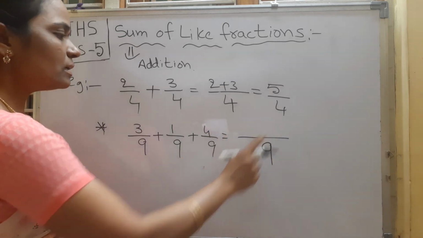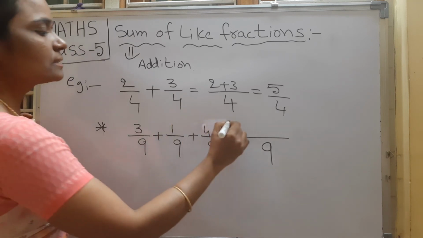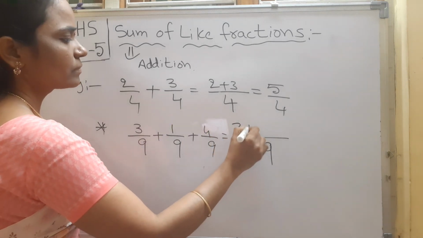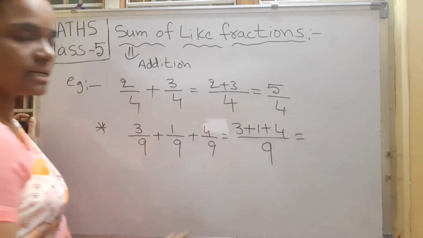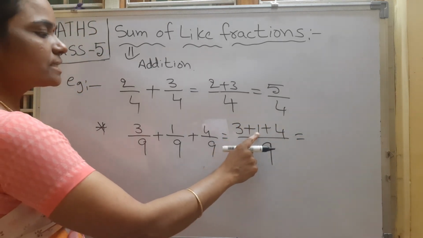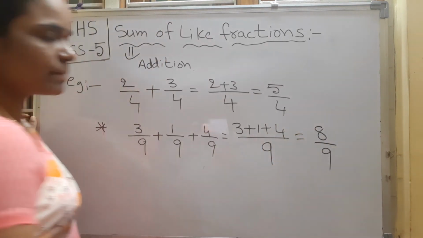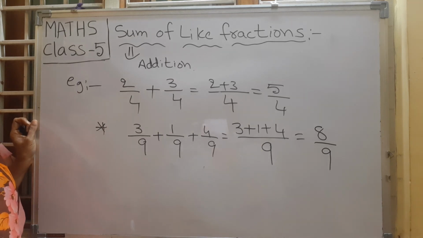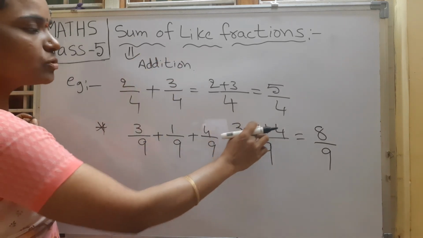Now add all numerators. 3 plus 1 plus 4. 3 plus 1 is 4. 4 plus 4 is 8. The answer is 8 by 9. Understood, children? Sum of like fractions means just add the numerators.